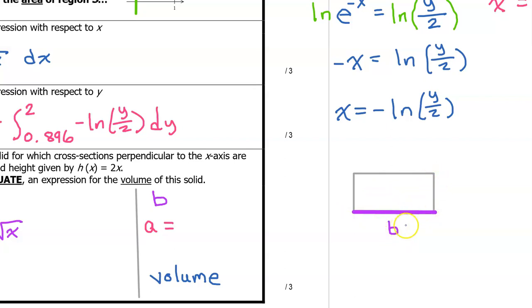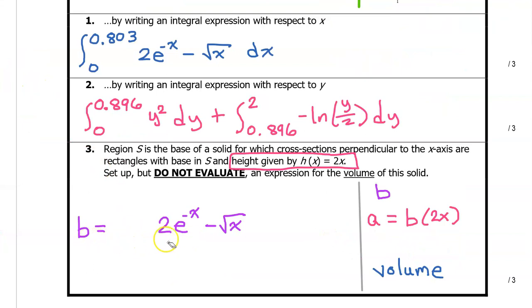So it's going to be b times something. But what about the height? Well, we were told that the height of each rectangle is given by h of x, which is 2x. So the height of each rectangle is 2x. That means that the area of the rectangle is going to be base times height. That's b times 2x.